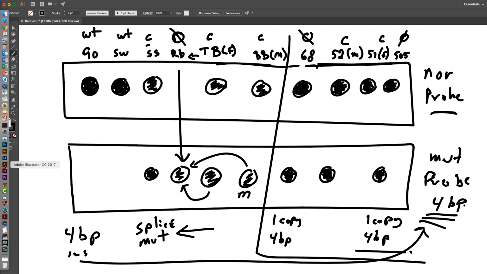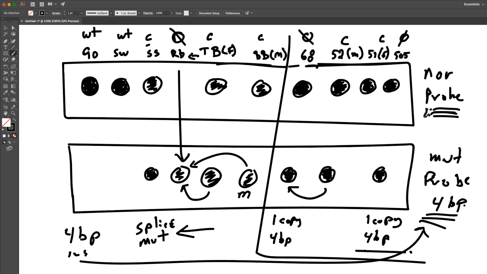Now, it turns out that individual 68 obviously gets 1 copy of the 4 base pair insert from that individual's mother, and so the other allele must be coming from the father, who shows normal probe in this particular case, but he tests positive for the splice site mutation, which isn't detected in this assay.